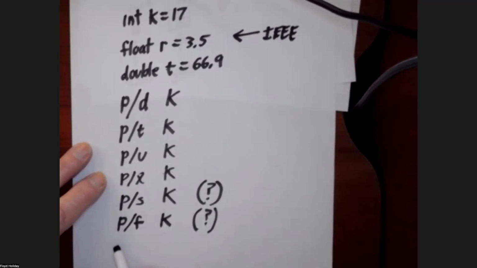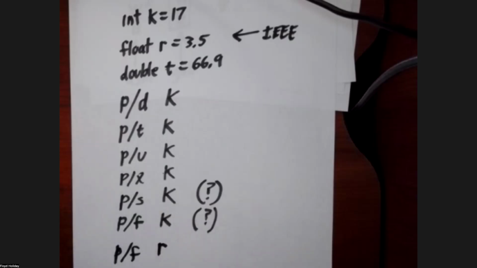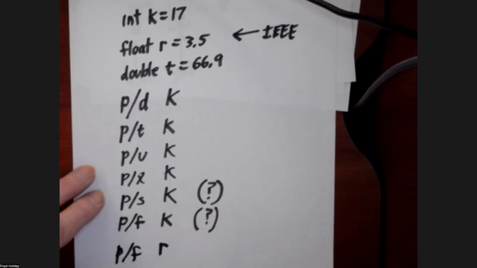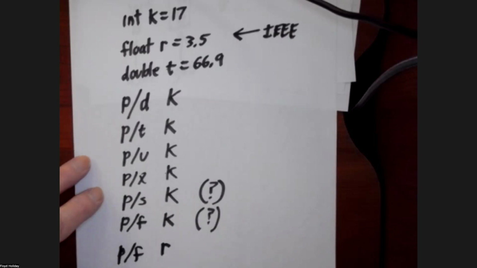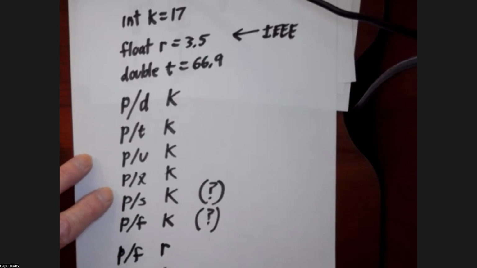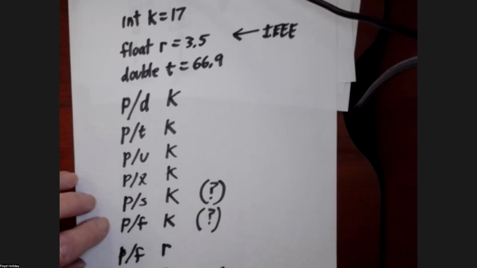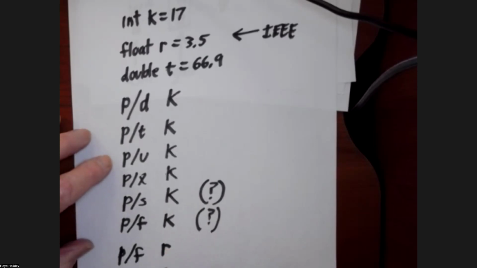So it's probably expecting you to say P/float R, and you'll get 3.5, and P/X of R. That'll be a decimal number, 3.5.